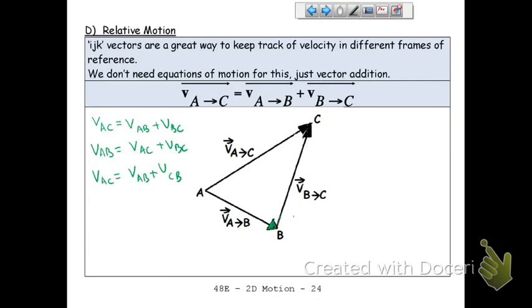You put things end to end. That's addition. So those two have been added, but those two have not, tail to tail, and those two have not, head to head. So I can say, oh yeah, AC is equal to AB added to BC. That's the one that's right. The other two are wrong.